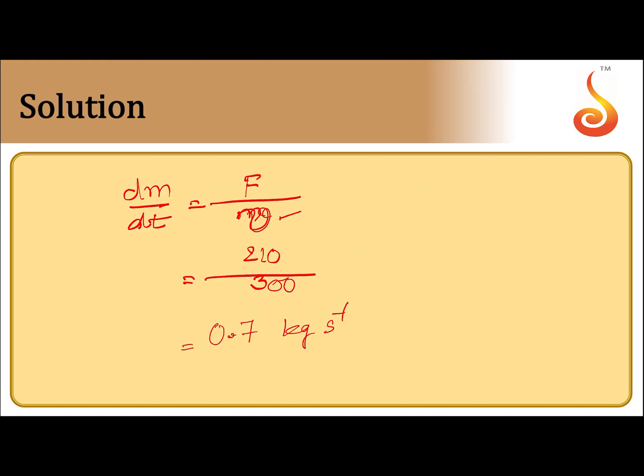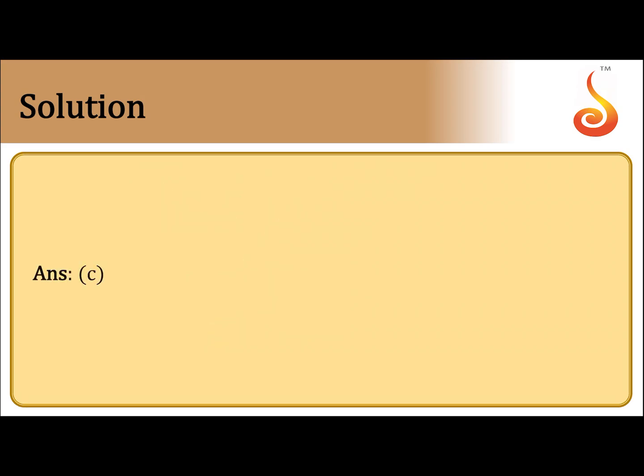So the rate at which the mass is lost is 0.7 kg per second. Which option does it correspond to? Yes, the option C.